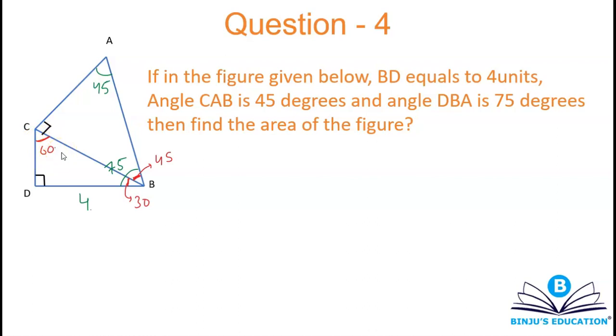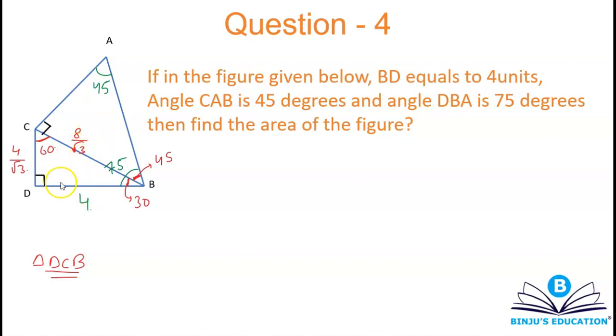So if you talk about triangle DCB, opposite to 60, it's 4 units. So opposite to 30, it's going to be 4 by root 3 units, using the ratio 1 is to root 3 is to 2. And opposite to 90, it will become 8 by root 3 units.